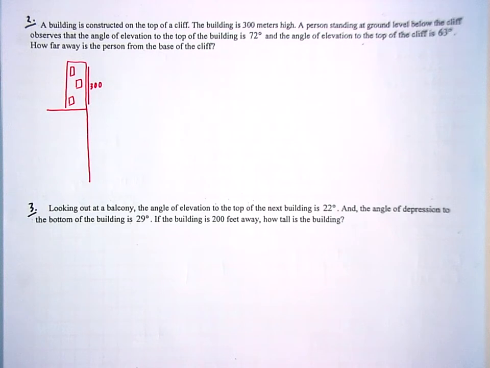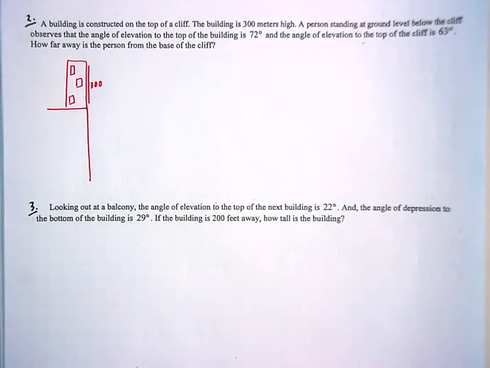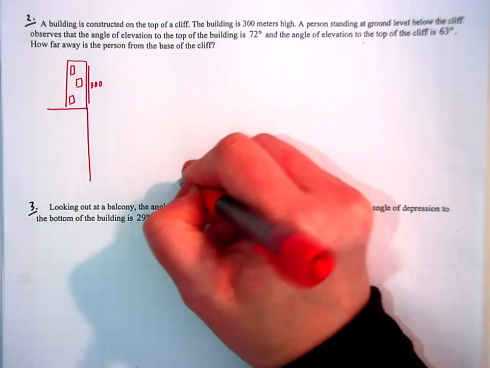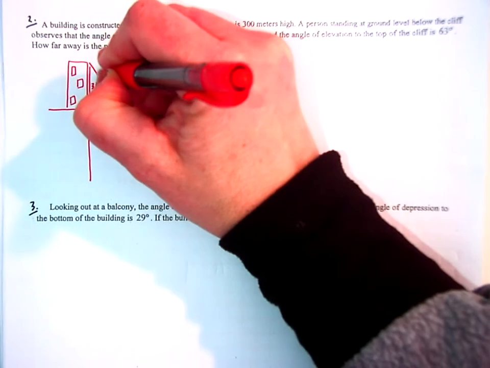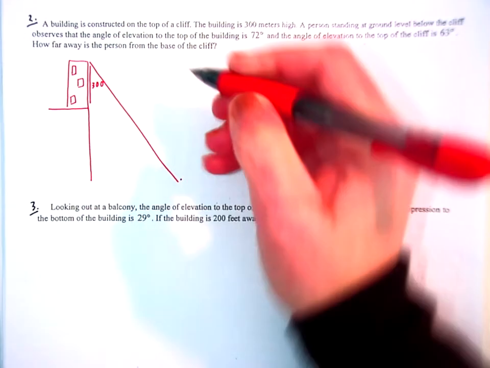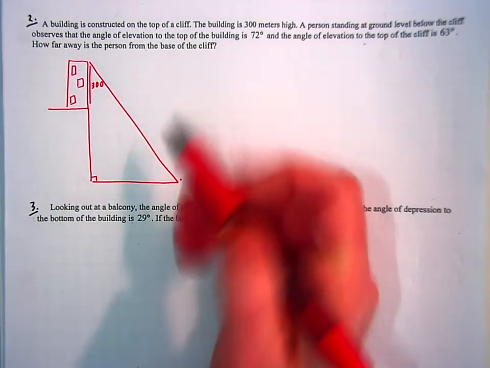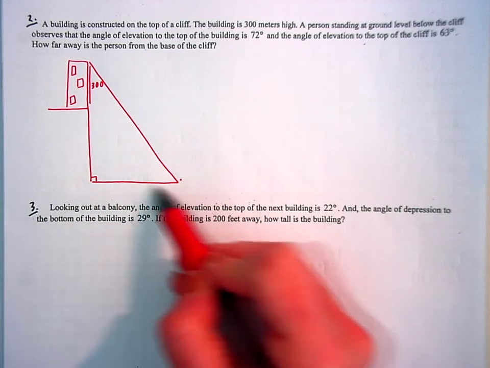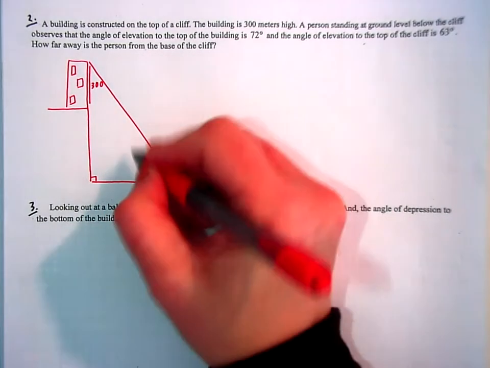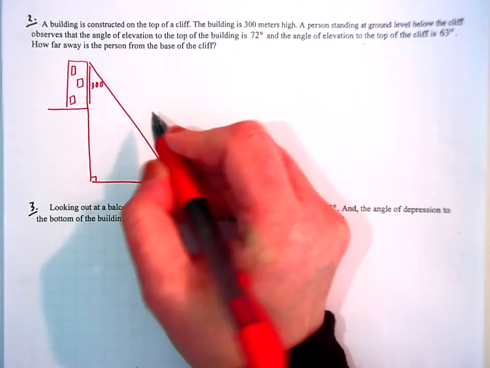So top of the building, that angle of elevation is 72 degrees. So let's put someone maybe about right here and connect them to the top of the building. And let me draw in that triangle. Happens to be a nice right triangle. And that angle of elevation from that horizontal looking up, right, I know that that span is 72 degrees.